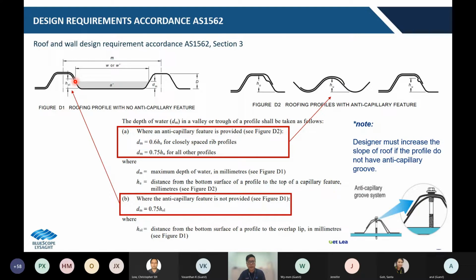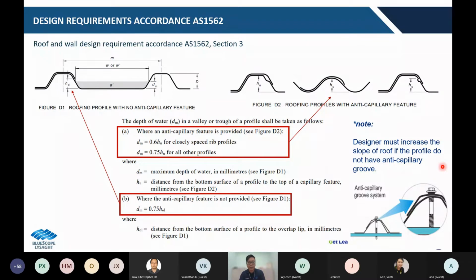Can you imagine the difference? There will be a huge difference in the cross-section water area we can use in determining the rainwater drainage capacity. Therefore, the anti-capillary groove is a small thing, but it is very important because the designer has to increase the slope of the roof if the profile does not have it.